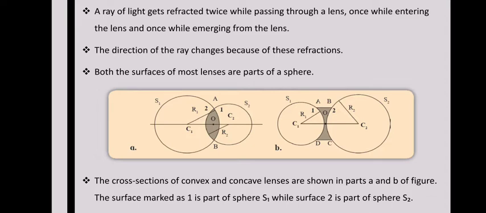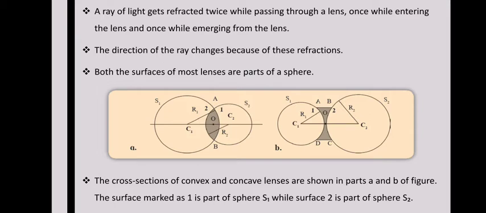Now here we are seeing two lenses. The dark part which is shown is a lens. The circles which you are seeing are just imaginary circles which we have drawn, because we said that both the surfaces of most lenses are part of a sphere. So how they are parts of a sphere, we are going to see. First, what you see is a convex lens, right?